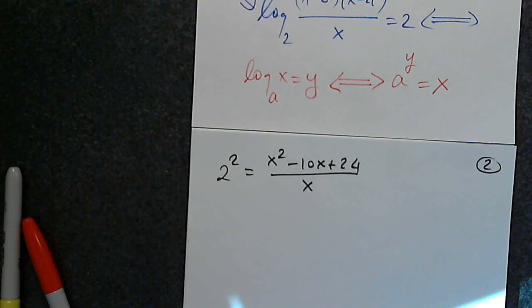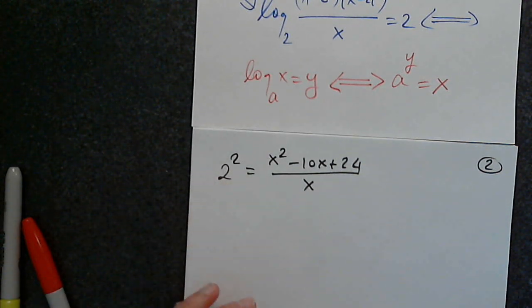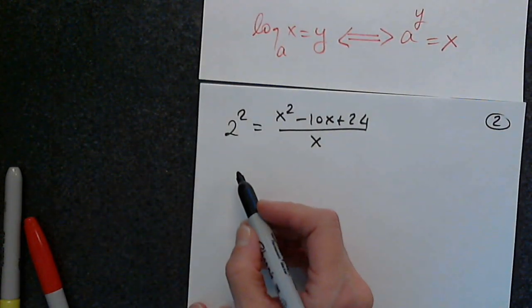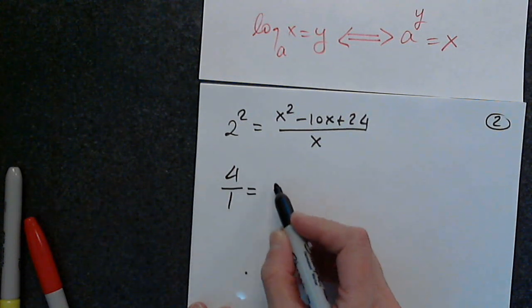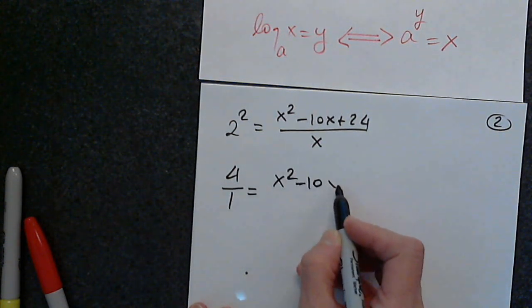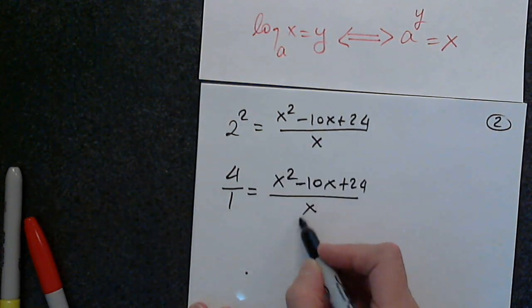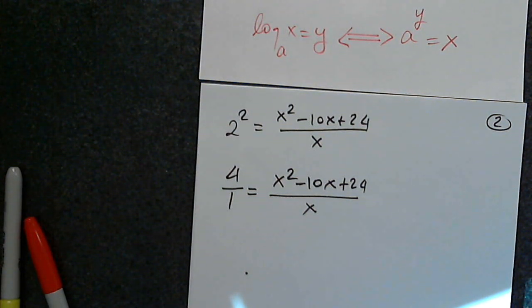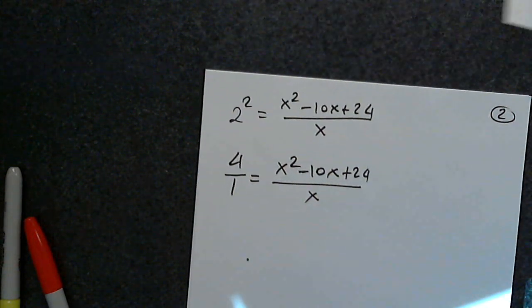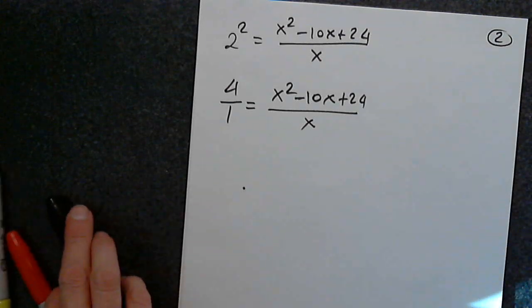Okay, now I have to ask myself, what type of equation is this? Yes, I can change 2 squared into what? Yes, and here's my hint for you. Exactly. This is a proportion now, and all we have to do is cross multiply.